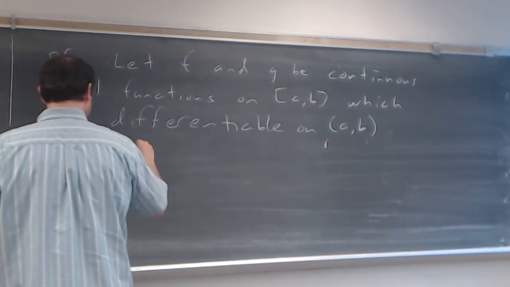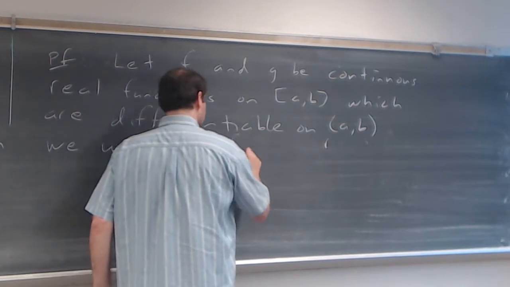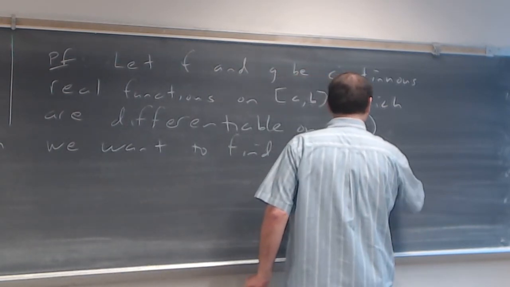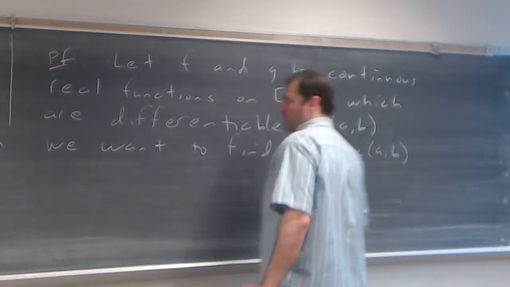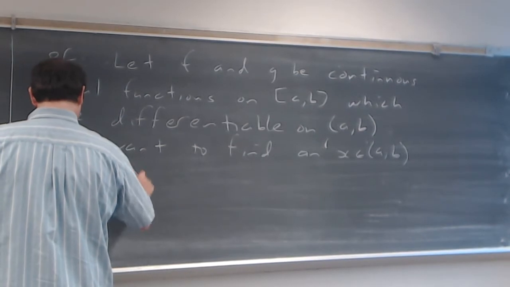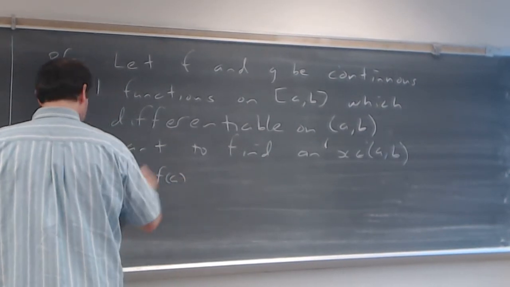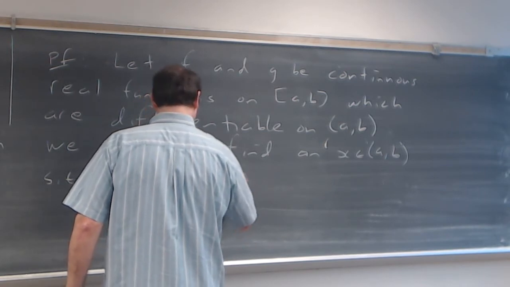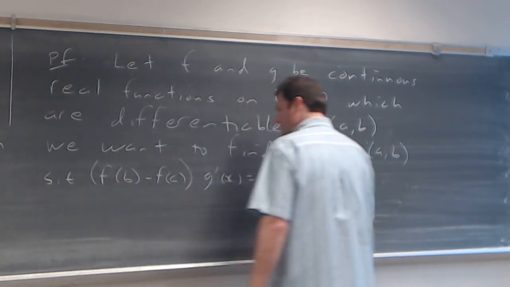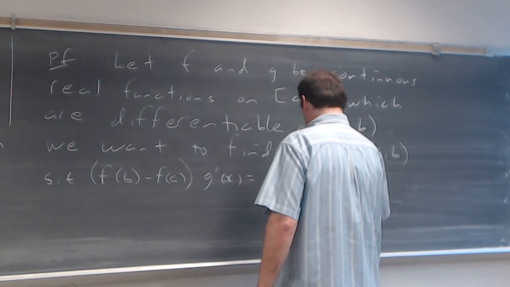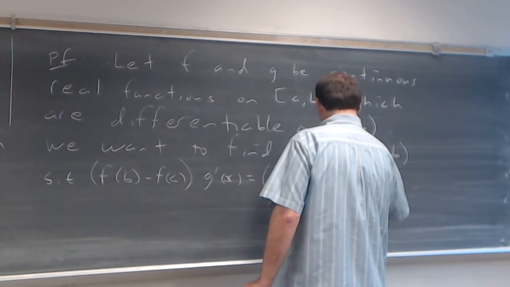Now, to get the conclusion, we want to find an x in the open interval from a to b such that f(b) minus f(a) times g prime of x is equal to g(b) minus g(a) times f prime of x.